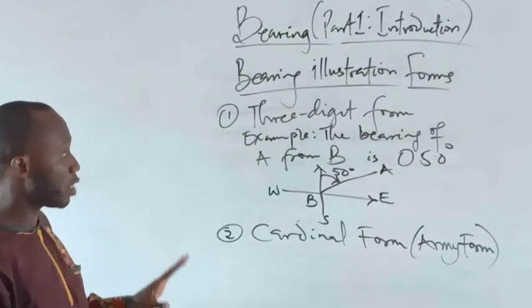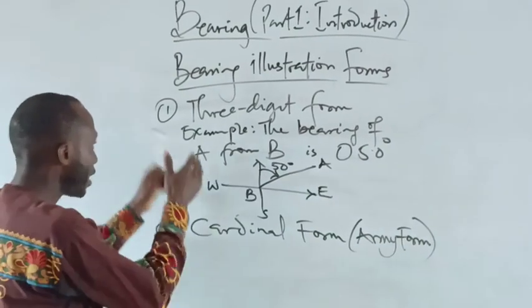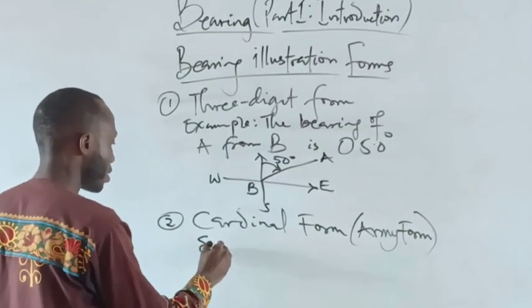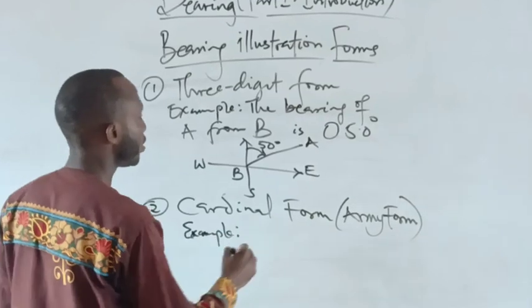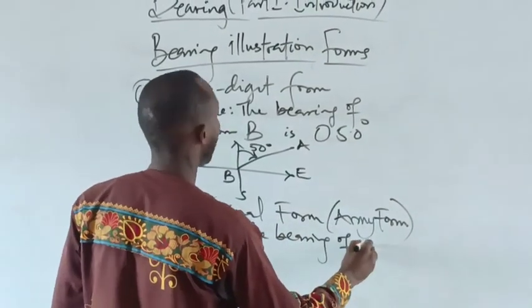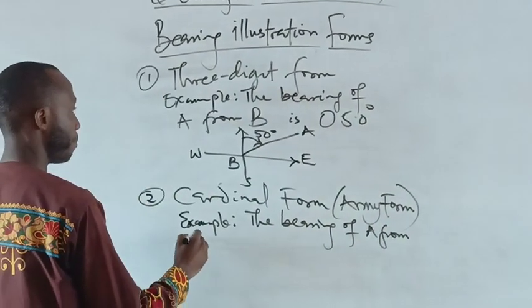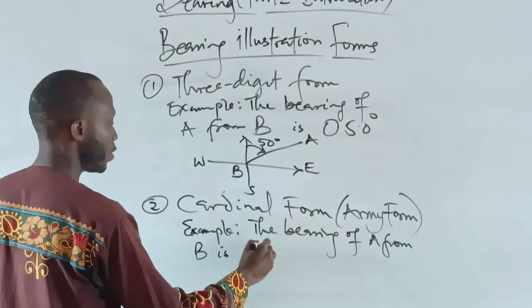Okay? Now for the second method, the cardinal form. The same example, the bearing of A from B is 050.